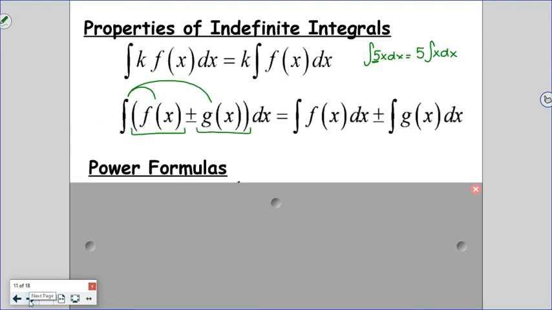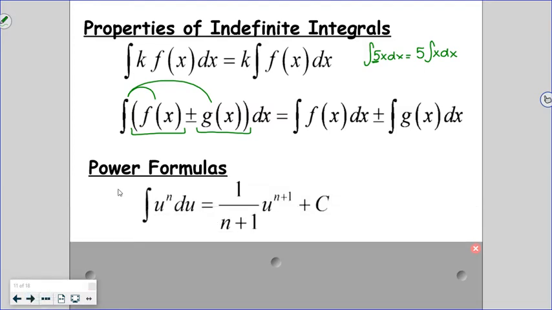Okay, the power formulas. They are formulas. Guys, this is what we think through every time we do thinking backwards through our power rule of derivatives. This is saying that some function to a number, some x squared, equals, and then the antiderivative of that would be to add 1 to the exponent and put a multiplier out front of 1 over that number.